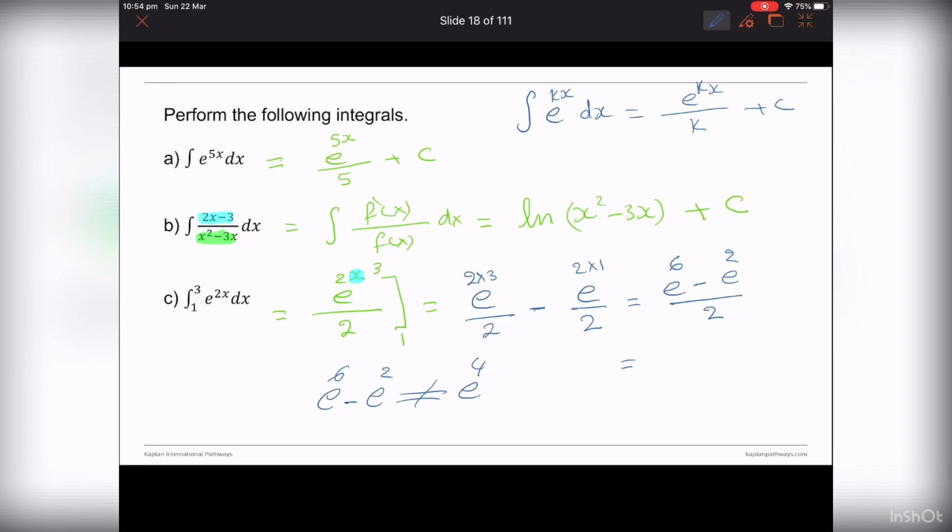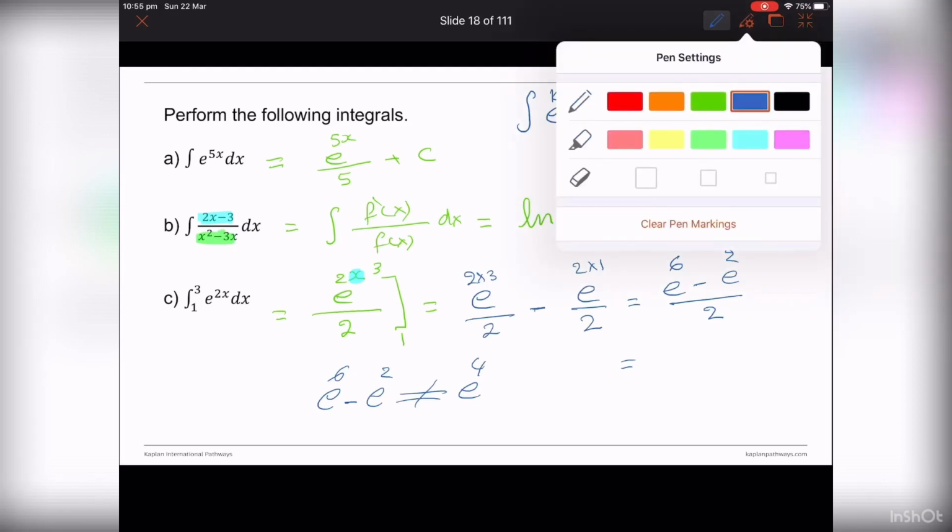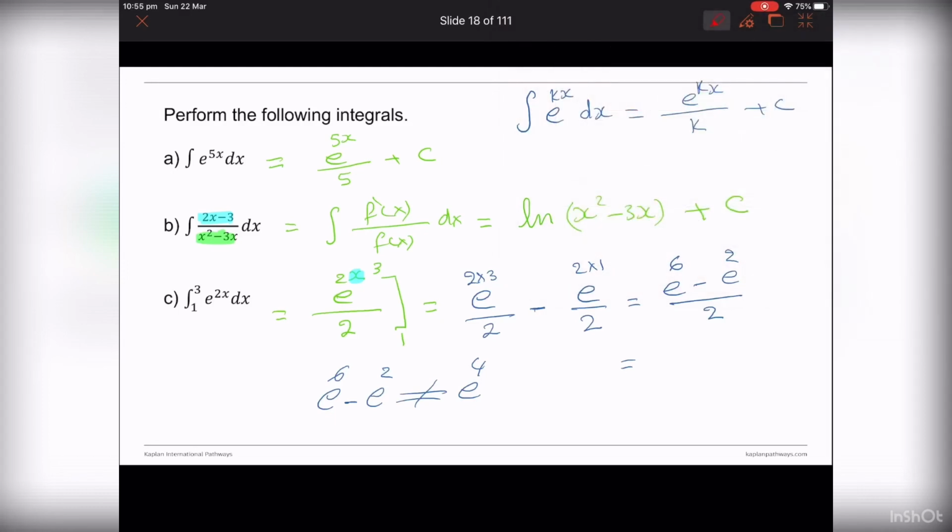Like if that was e to the power 6 divided by e to the power 2, then yes, it can be e to the power 4. But because this is subtraction, which is minus, we can't do that. Okay, I just wanted to mention this to you. I just thought you might think about it this way, which is wrong. Don't do it. This is dangerous to do.